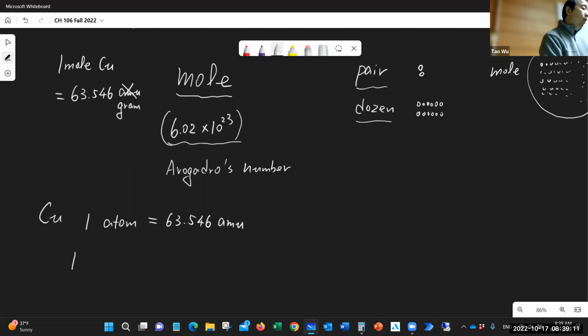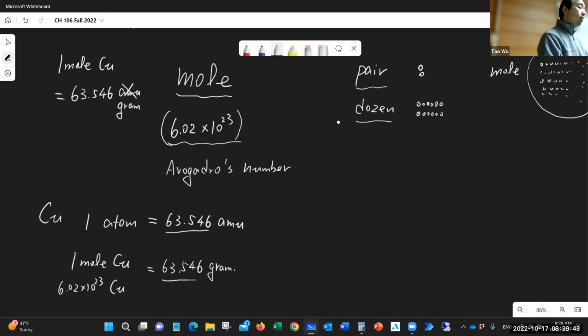But if you have 1 mole of the copper, which means you have 6.02 times 10 to the 23rd copper atoms aggregated together, the mass of those atoms together will be 63.546 grams. So the number is exactly the same. The only difference is changing the unit.